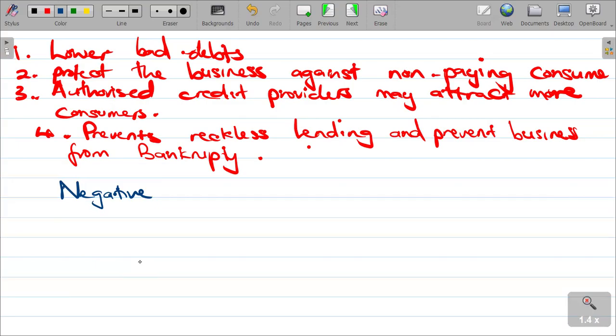Should the credit agreement be declared reckless, the business can forfeit the outstanding debt on the goods, which is also a loss to the business. Businesses that are official credit providers must submit a compliance report every year, which is also a cost to the organization. So these are the negative impacts.